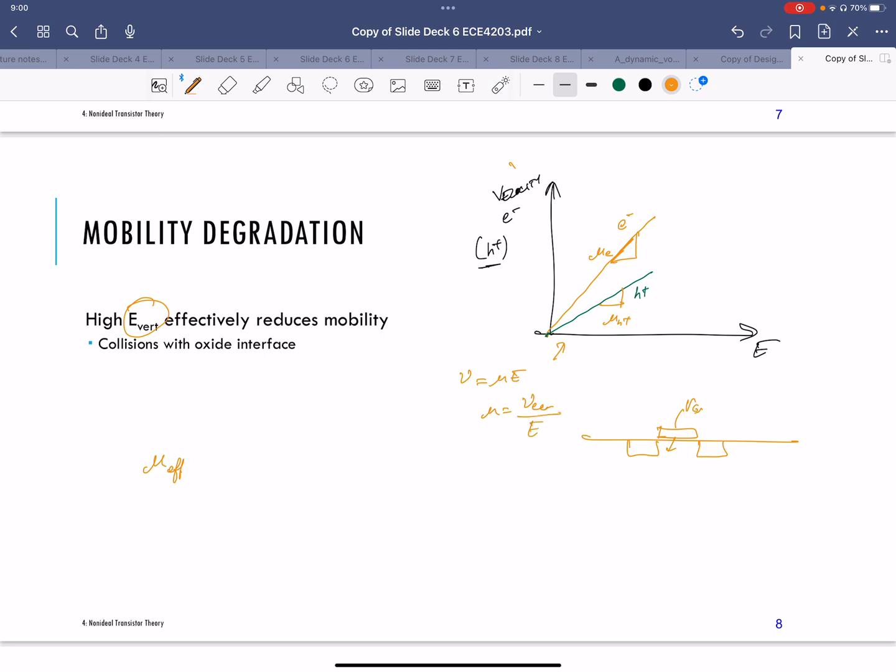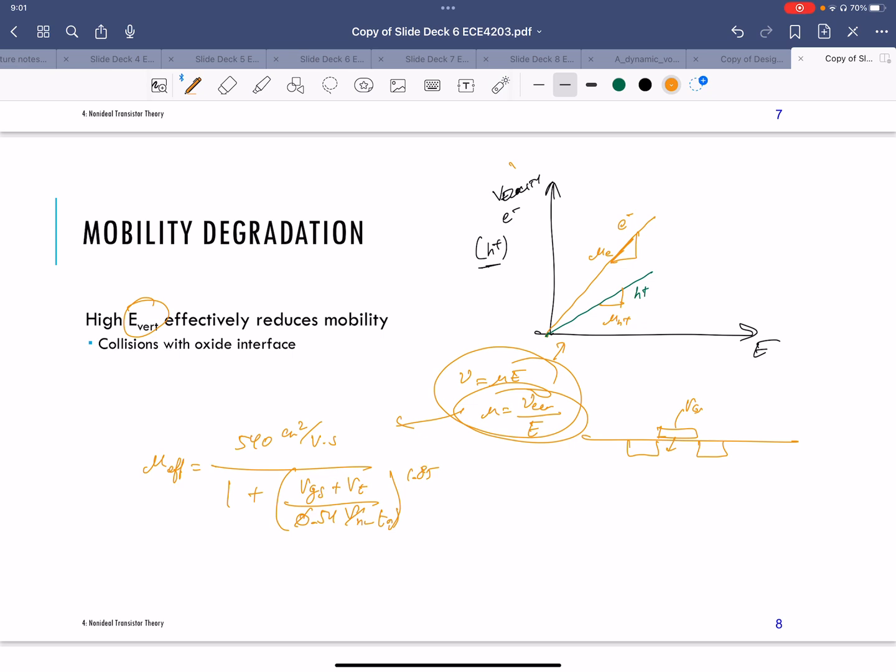But what happens is, instead of this, you end up with an effective mobility, which is more like 540 centimeters squared per volt second over 1 plus (VGS plus VT) over (0.54 volts times T oxide) to the 1.85.